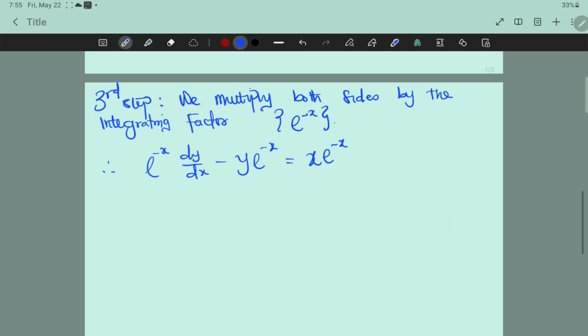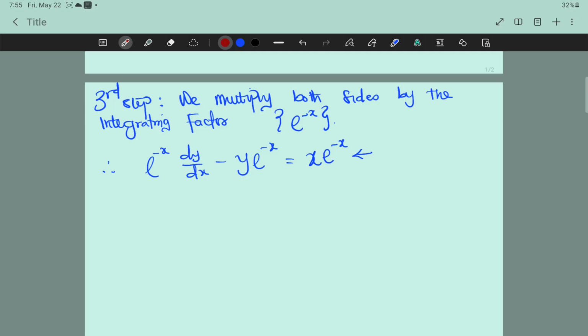So we are multiplying both sides by the integrating factor, e to the power of minus x. And so if you do that, this is what you are going to have. Now, the next thing for us to do is to find how to integrate it.